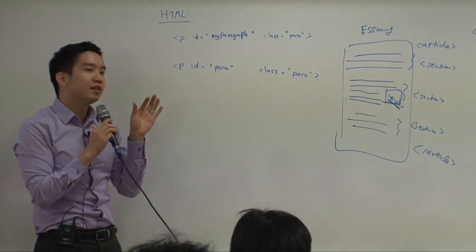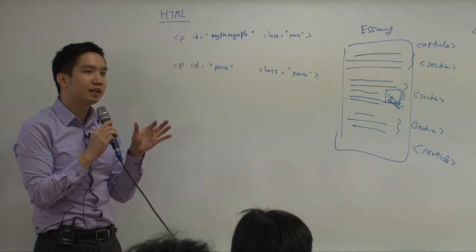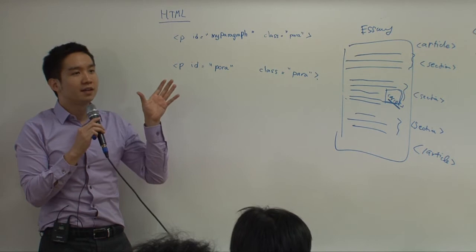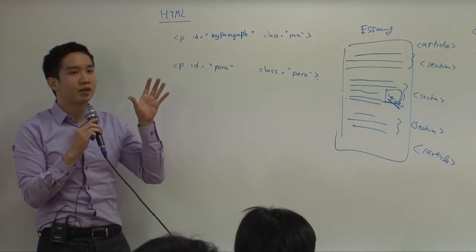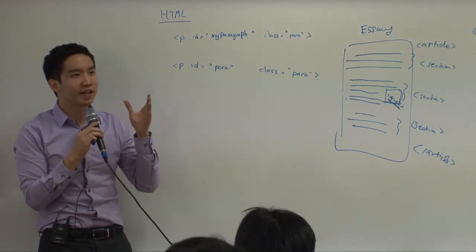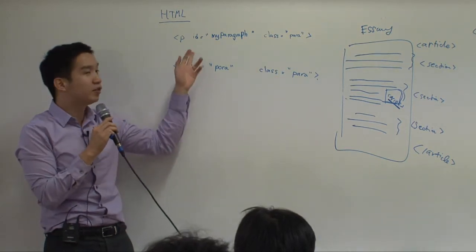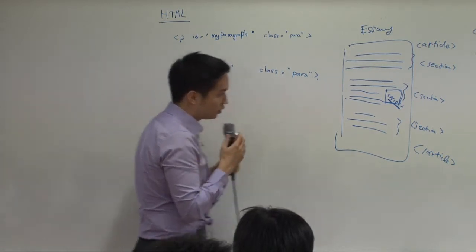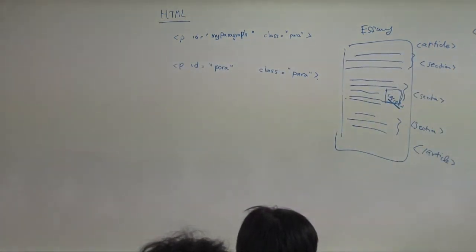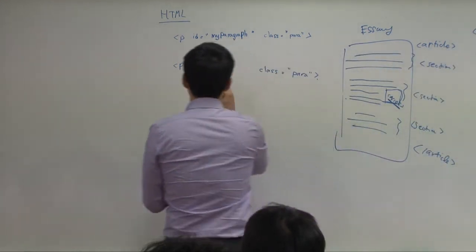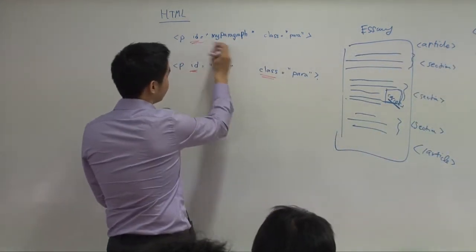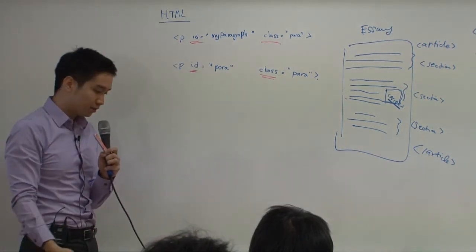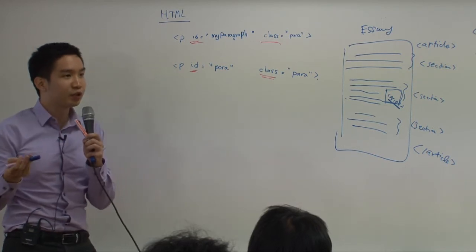Pretty much all HTML tags can have two attributes that are universally applicable to all tags, and those are ID and class. You want to understand this well. ID, class, and there are some rules that you should remember.